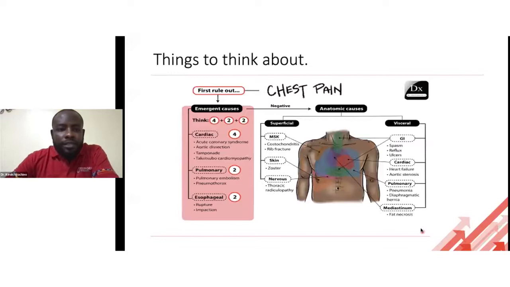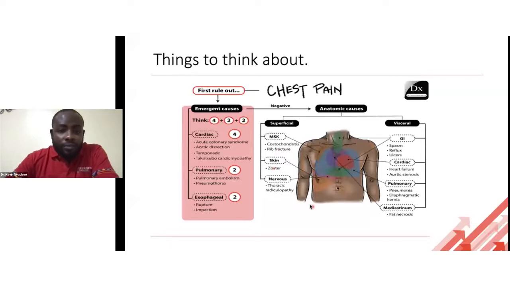So straight ahead, when you get a patient presenting with chest pain in the emergency setting, there are certain things you need to think about. As you know, chest pain can be a result of a number of different things, from externally, the musculoskeletal system.